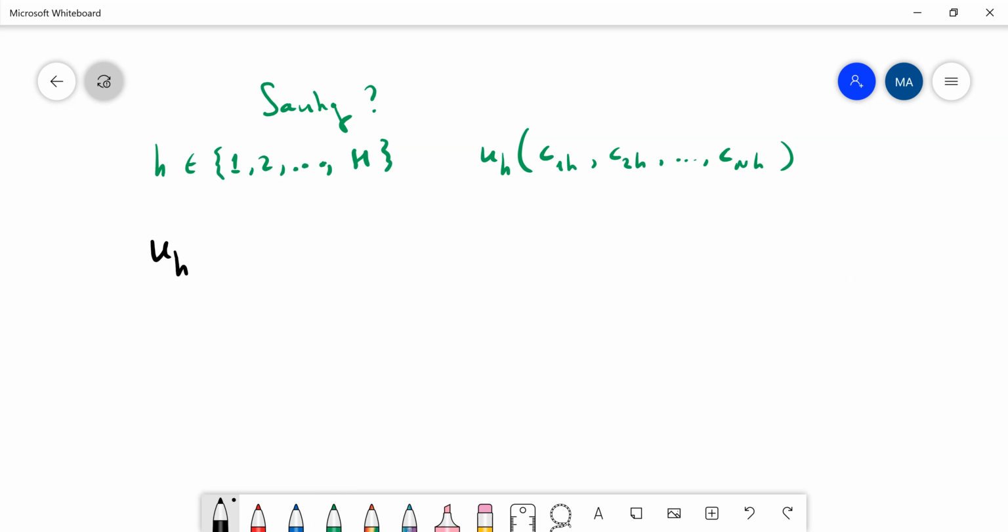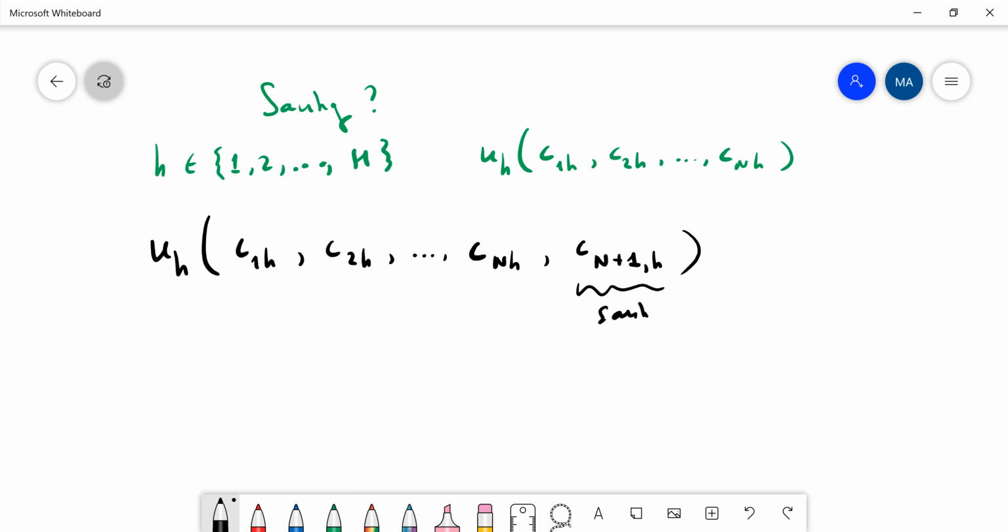Okay? Now, what we want to do is to extend this utility function in this way. We're going to write UH as a function of the consumption goods as typical, and then we're going to create this new consumption good M+1. Okay? And that will be our saving.